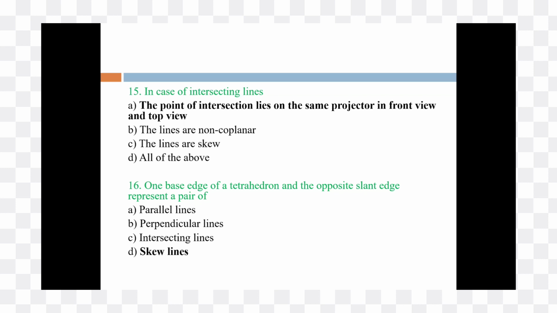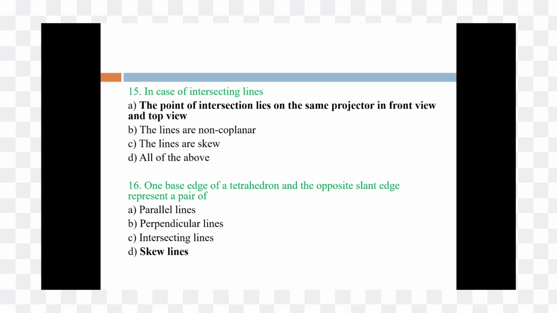As per this question, one base edge of the tetrahedron and the opposite slant edge represent a pair of, okay, consider those two lines.